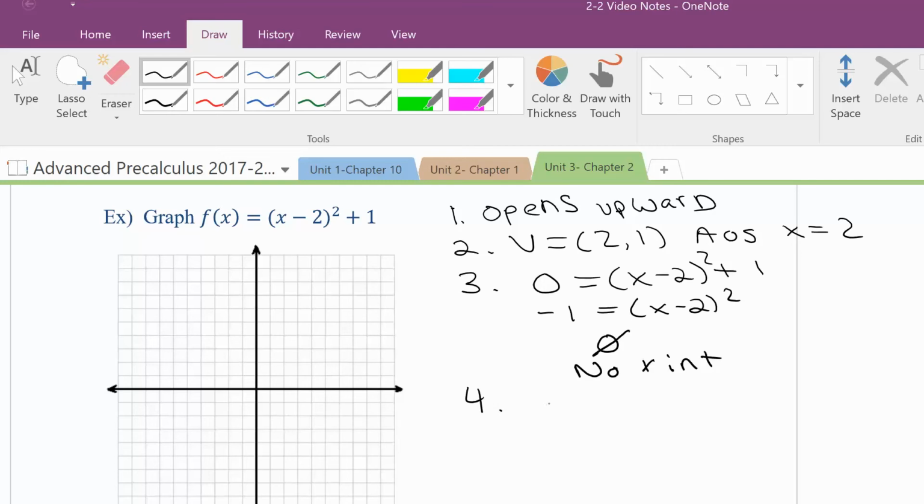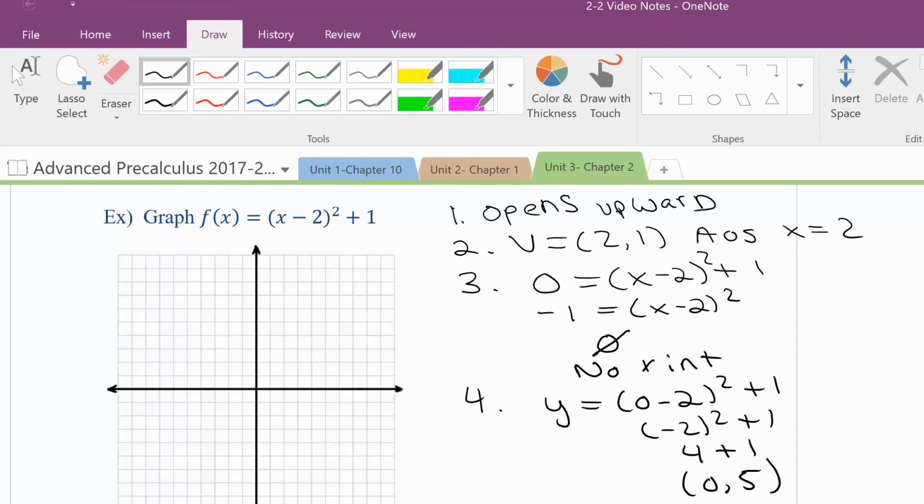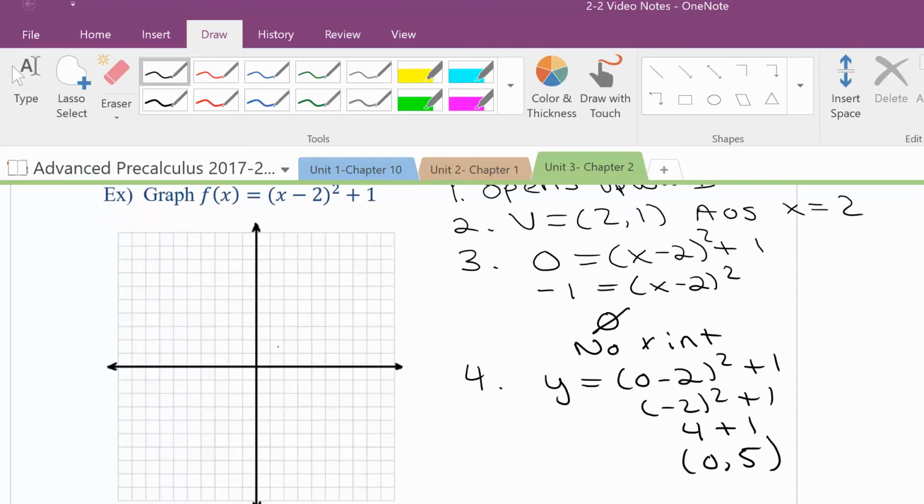Y-intercept is 5. So then we'll graph what we have here. So the vertex is 2, 1. There's the vertex.